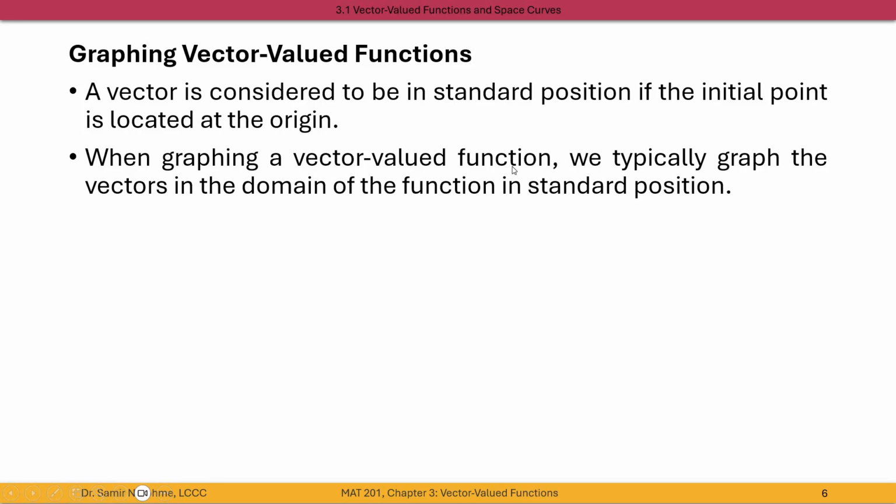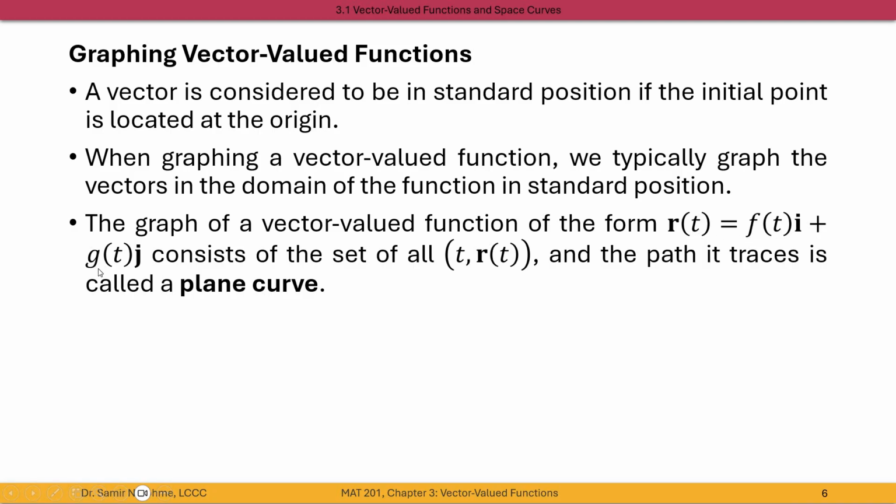When graphing a vector function, in the next slide we're gonna take an example and graph a vector function. Whenever we graph a vector function, we typically graph the vectors in the domain of the function in standard position. The initial point of this vector should be placed at the origin.